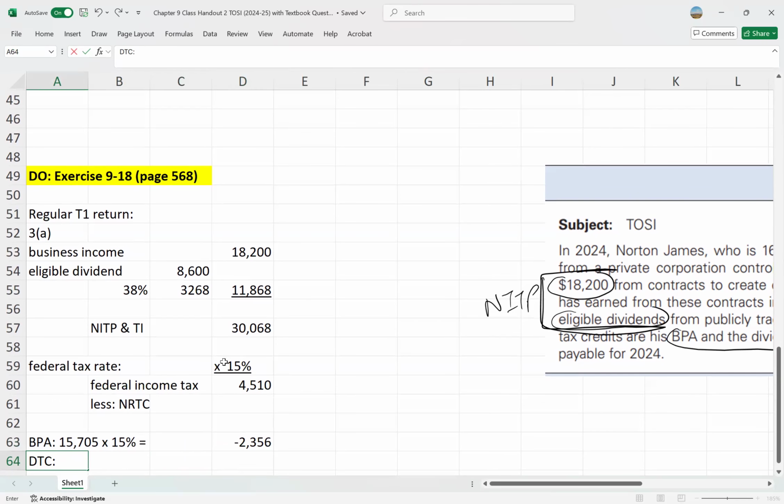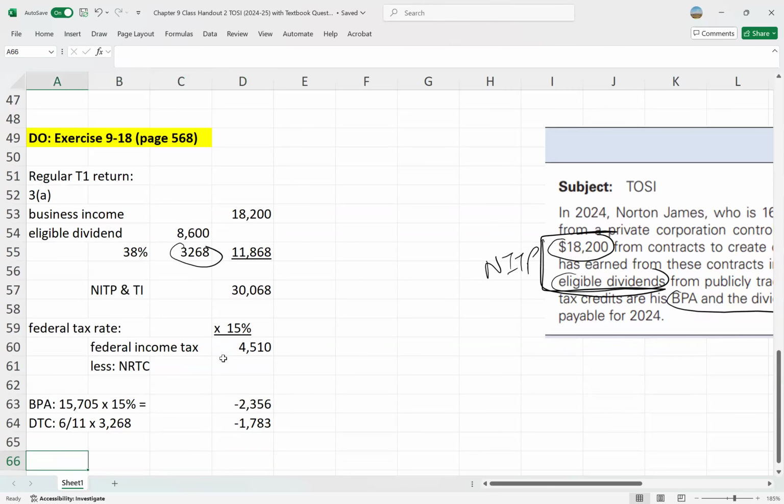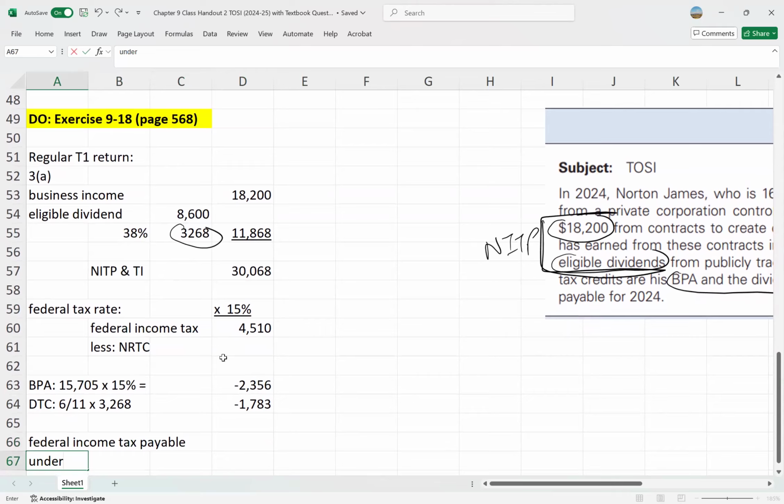So the federal dividend tax credit is going to be 6/11 times the gross up. The gross up from above, that's the 3,268. That's going to be 1,783. And so the federal income tax payable, this is the amount that's under the regular Part 1 rules.